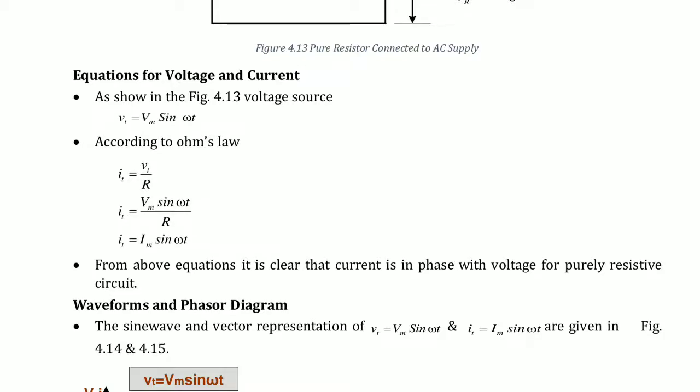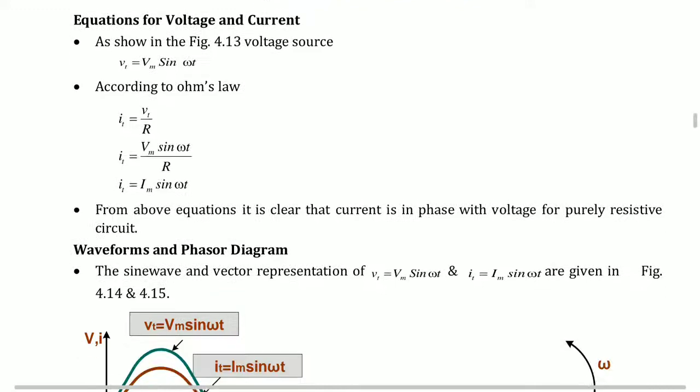In pure resistive circuits, voltage and current are in phase. For example, if the voltage is on the x-axis, the current is also on the same axis. So from the above two equations, the current is in phase with the voltage for a purely resistive circuit.